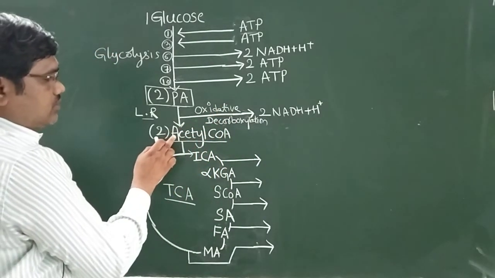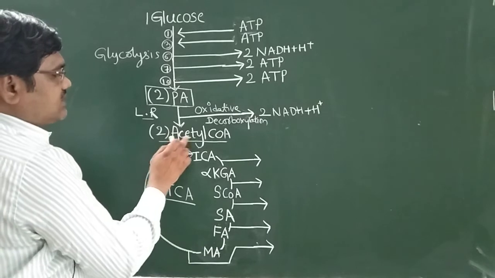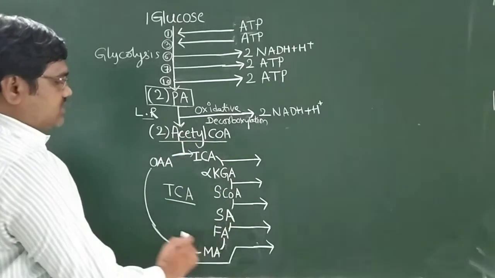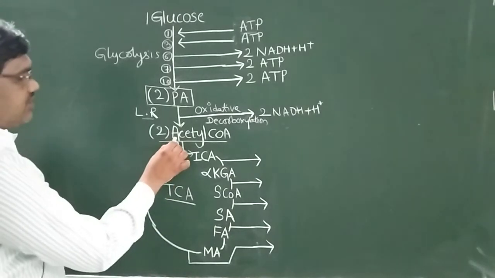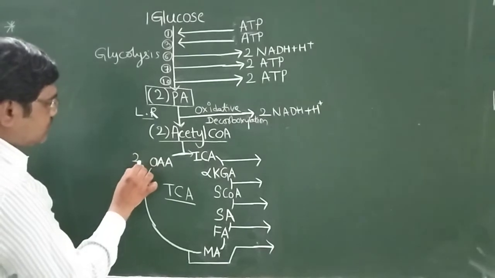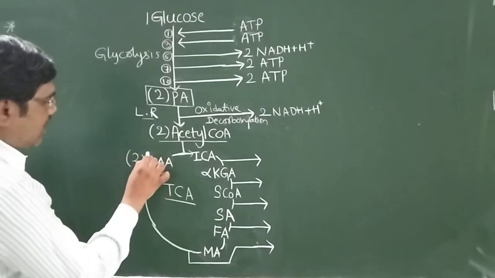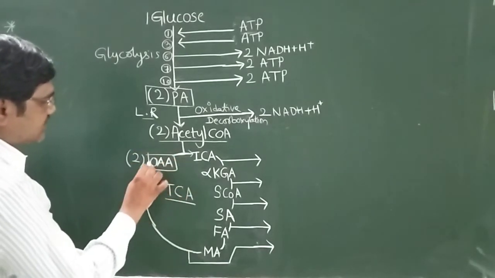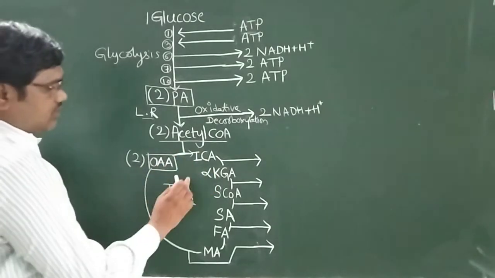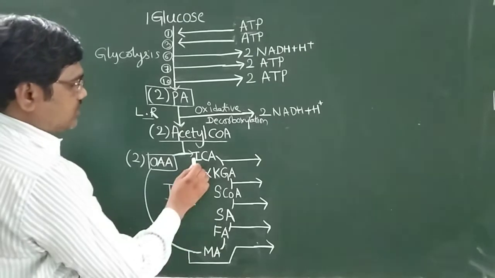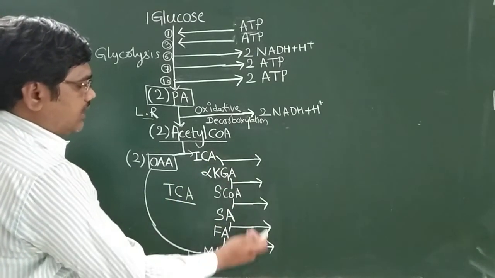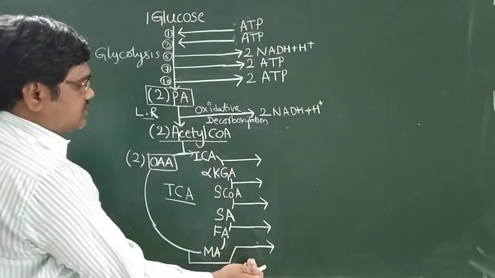Again, the two molecules of acetyl CoA participate in the Krebs cycle. Two molecules of acetyl CoA are condensed with two molecules of oxaloacetic acid. Then the Krebs cycle starts. During the Krebs cycle, how many NADH2 and how many ATPs are produced?